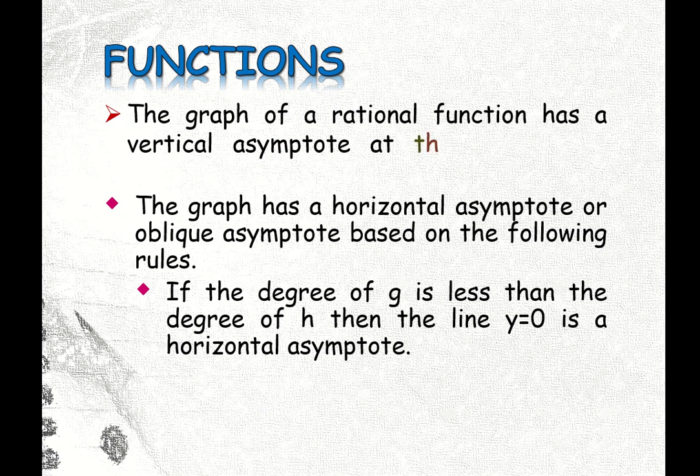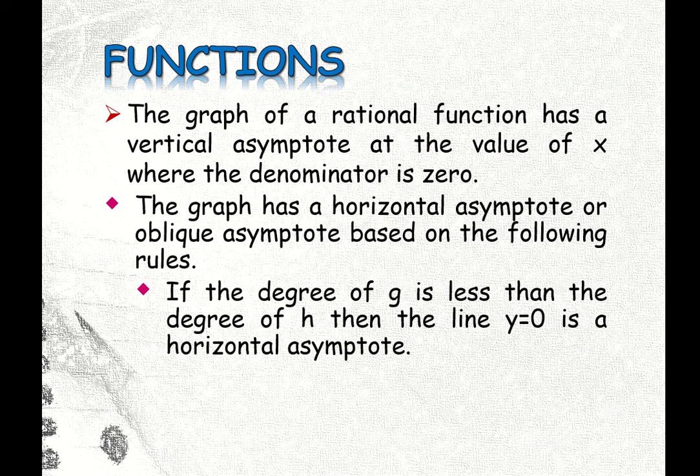The graph of a rational function has a vertical asymptote at the value of x where the denominator is 0.